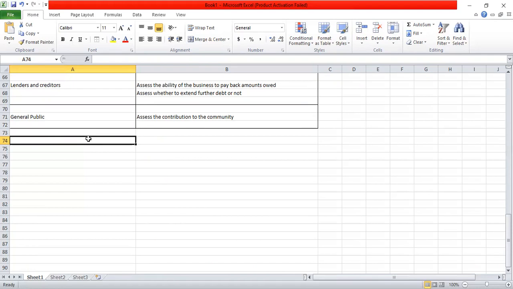Now, to limit and eliminate some of that confusion, accountants came together and formed a body which is called the International Accounting Standards Board.